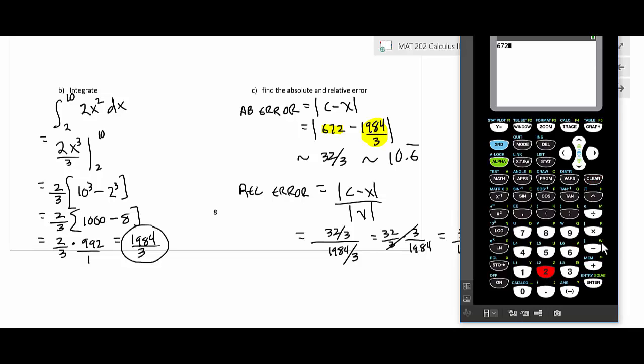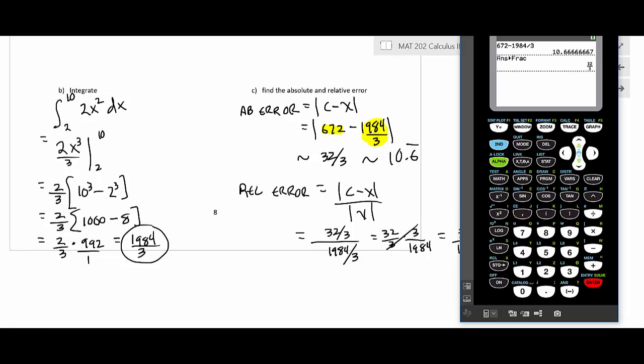If you do 672 minus the 1984 over 3, don't forget your calculator will do fractions for you. And then if you go math fraction, it'll convert that anyway. So that's what I did, I just changed that to 32/3 to save a little bit of time. Let my calculator do that.